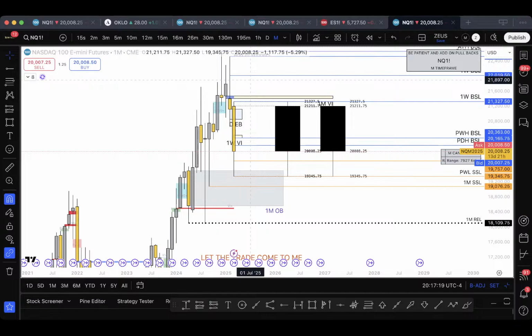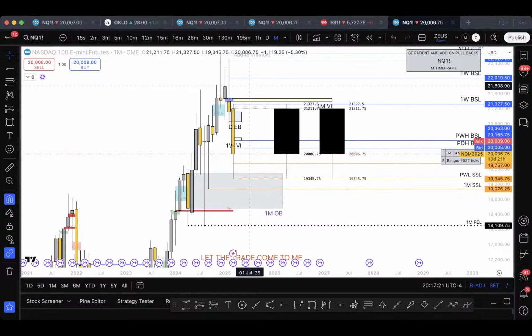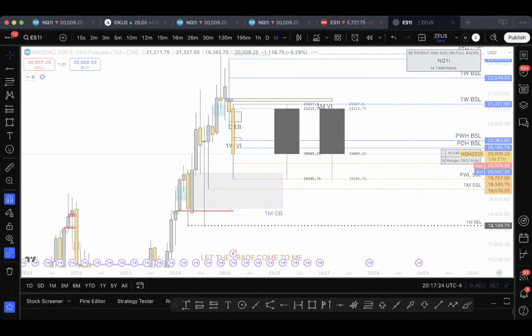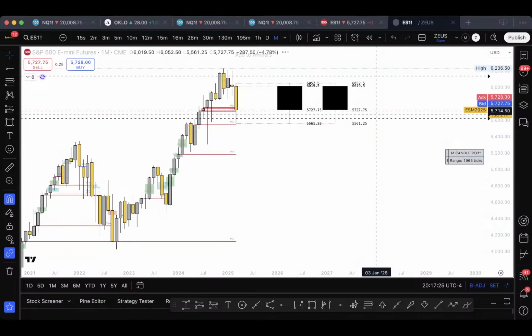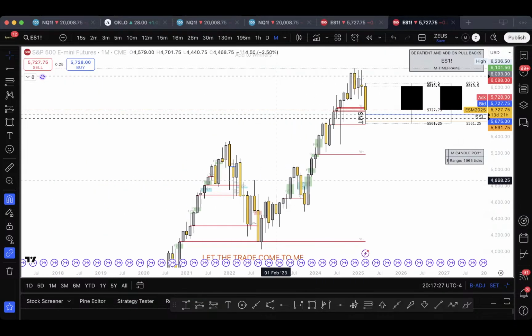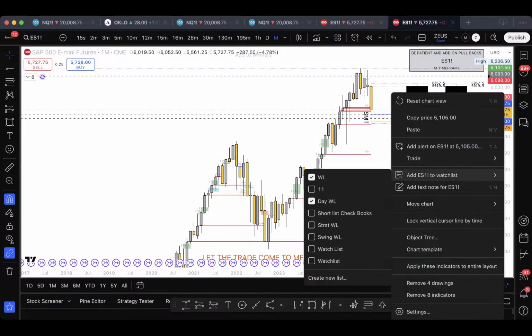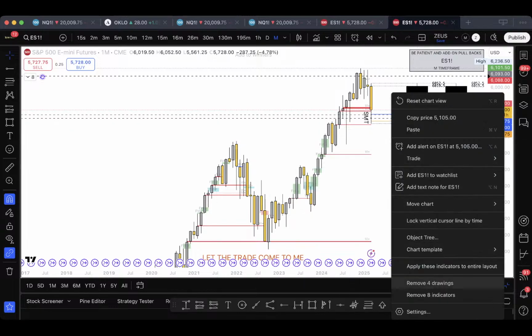I guess now it's time to go ahead and chart out ES here. Actually, I don't think I have ES charted whatsoever. A lot less things to remove, but only 4 drawings.